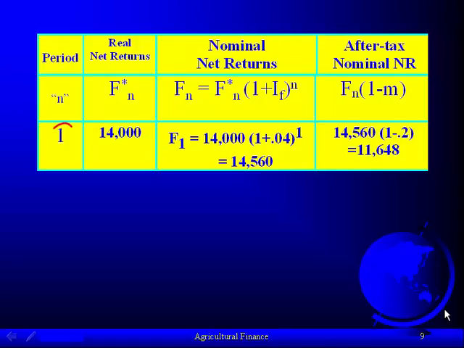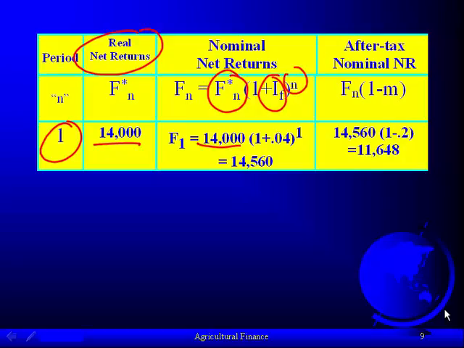We look at in this first period, we said that the real net returns were going to be $14,000. We also said that the farmer expects inflation to be 4%. Now, we said that we could convert a real cash flow to a nominal cash flow by compounding at the rate of inflation for n periods. The real net returns is $14,000.